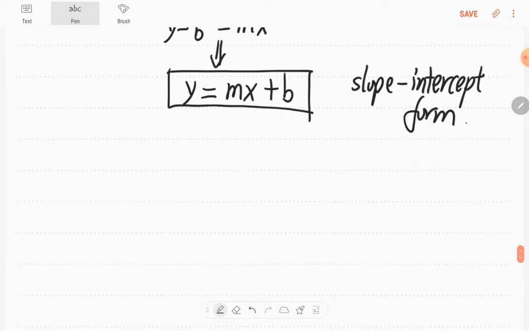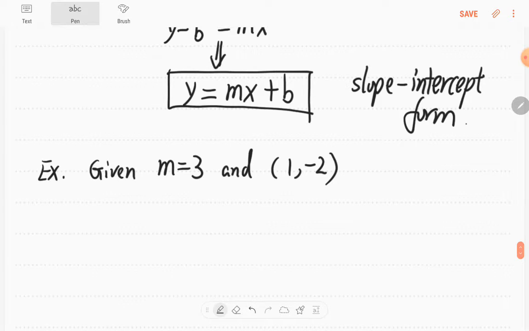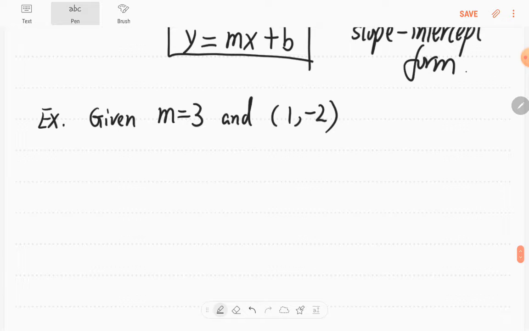So now let's look at an example. We want to find, given m equals 3 and the point (1, -2), a line with slope 3 going through the point (1, -2).